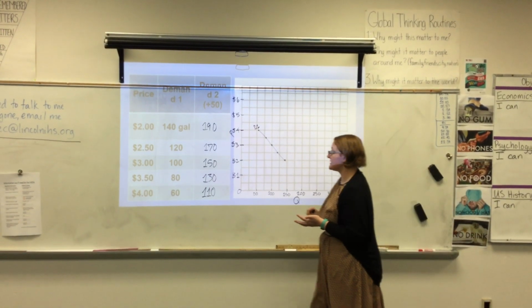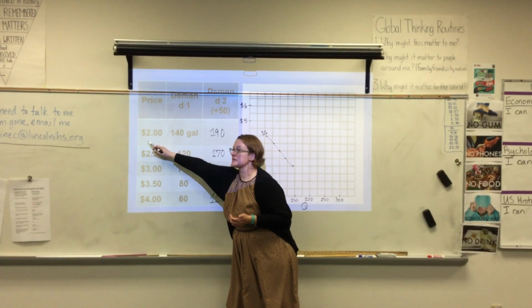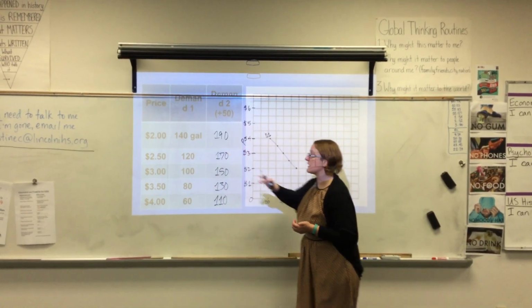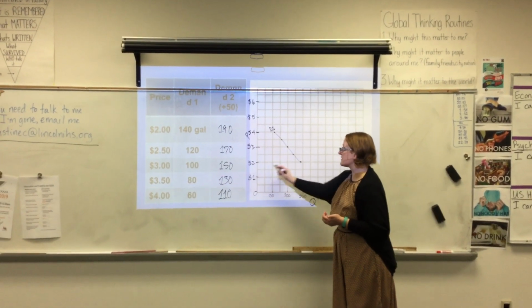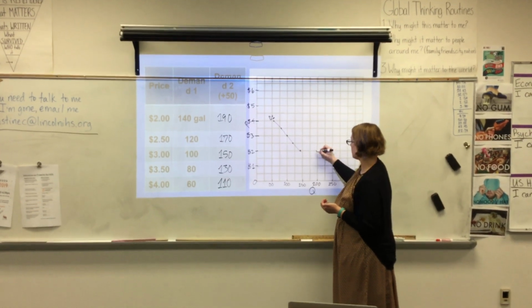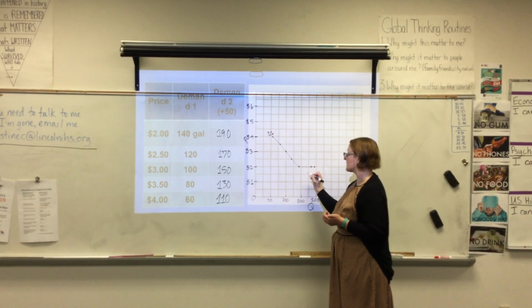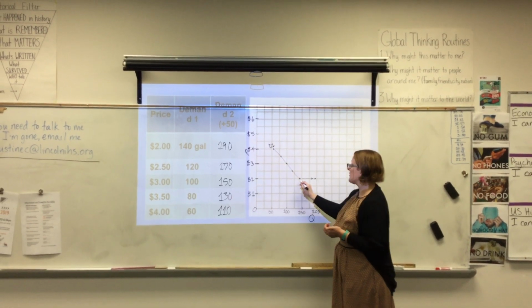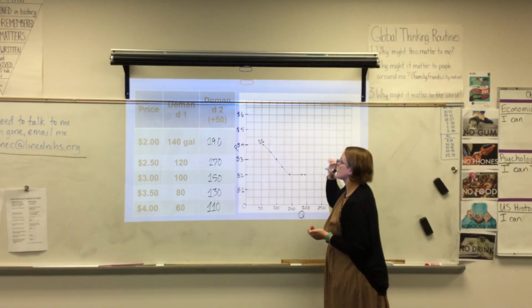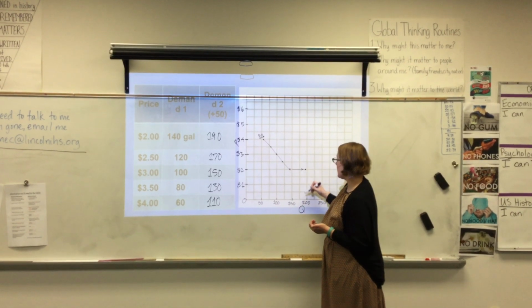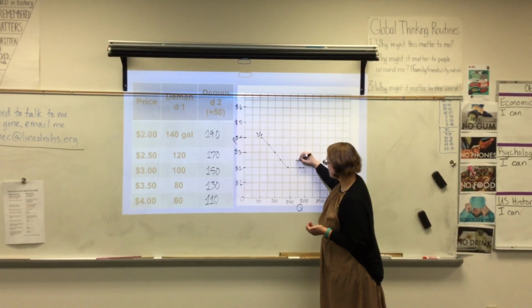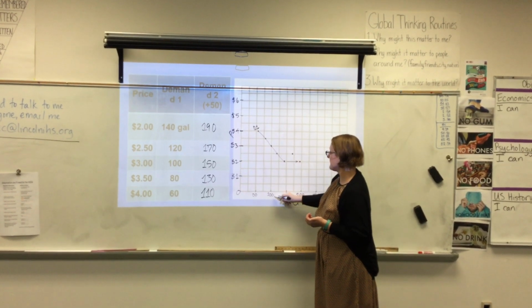Now I want to know with D2. So I have to use the same prices and my new gallons. So at $2, now people are demanding 190. You see how my price has shifted over. My price hasn't changed, but more people want it. Okay, so at $2.50, now I have 170 gallons demanded.